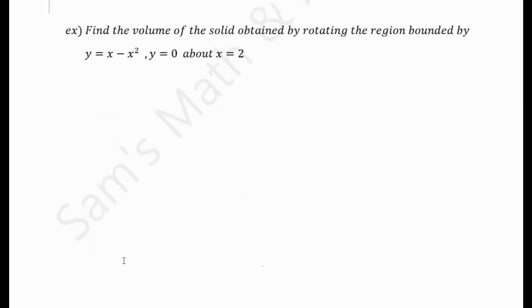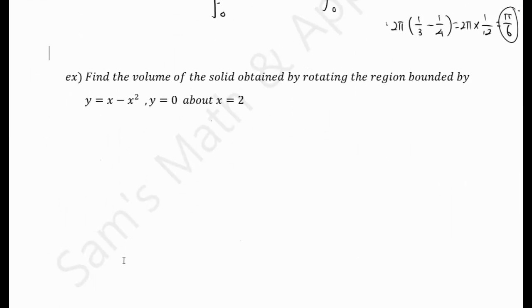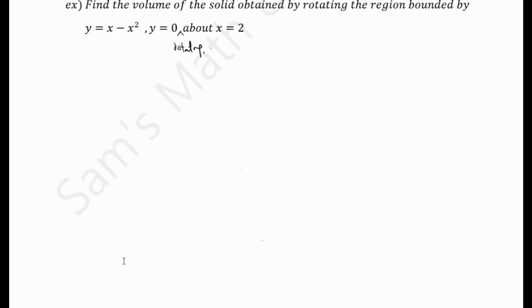The next example is: find the volume of the solid obtained by rotating the region bounded by y equals x minus x squared and y equals 0 about x equals 2. We draw this graph. This is the x-axis, and this is the y-axis.